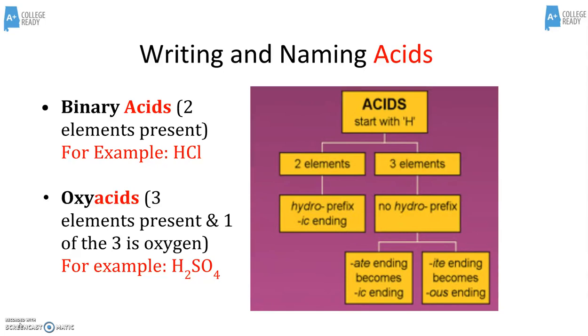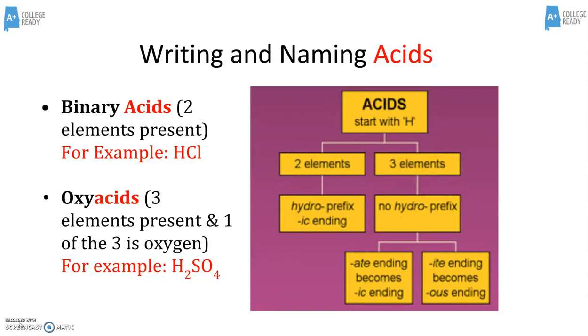Hypo is our prefix, meaning the lowest amount of oxygen. Hypochlorous, because ClO is hypochlorite. And then ClO2 polyatomic ion is chlorite, so my acid would be chlorous acid.